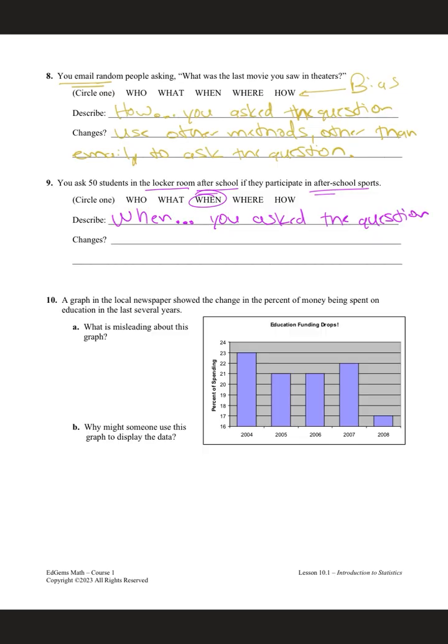All right. And what changes would I make if it were me? I would ask the kids at different parts of the day. So if I were to make changes, I would ask students at random times throughout the day.